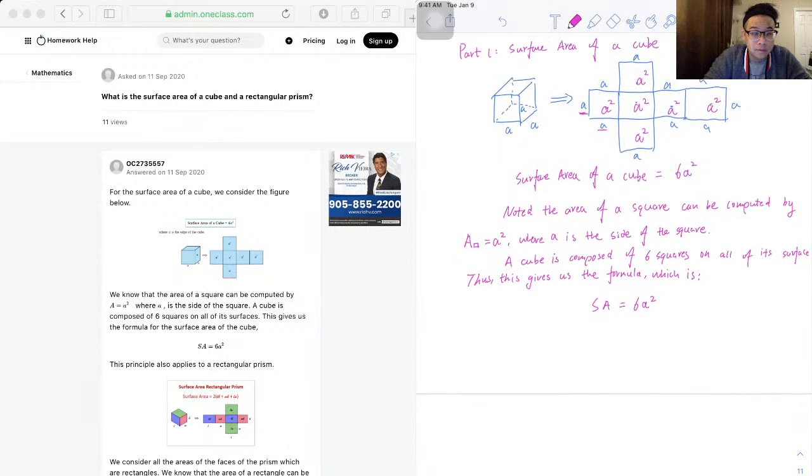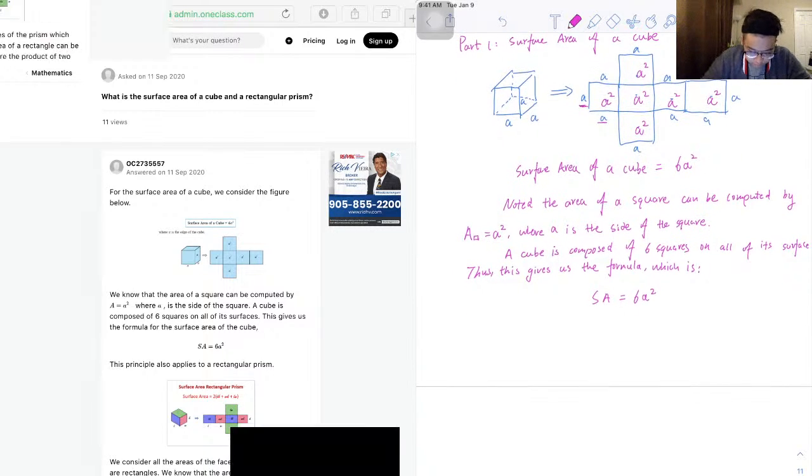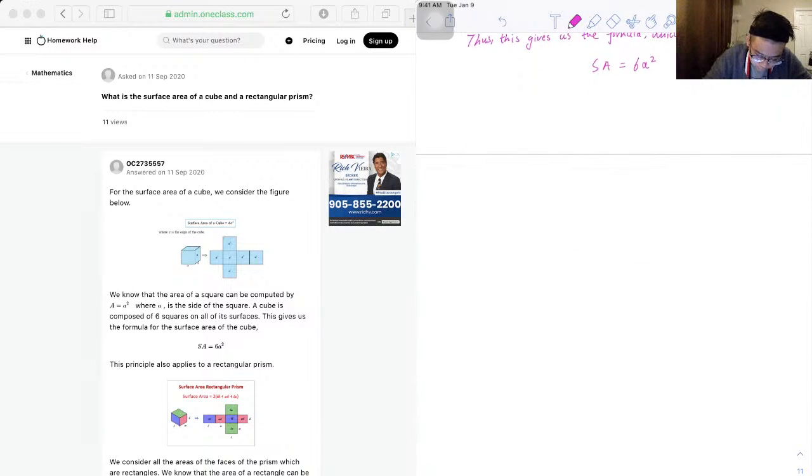And now let's go to the second part. Okay, so part 2, the surface area of a rectangular prism. Alright.